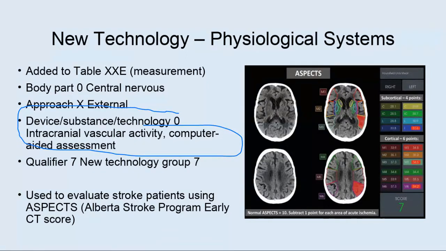It's Alberta Stroke Program Early CT Score. And so you can see, you go through the score and each different colors for different areas, and they add up the points, and here's the total point, and that evaluates stroke patients to see how they're doing, to see the damage done by the stroke.